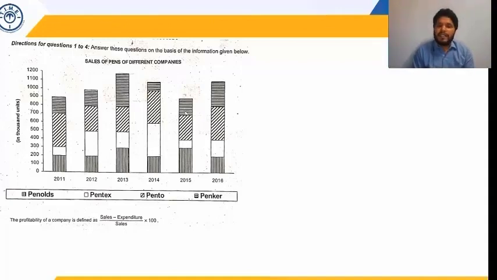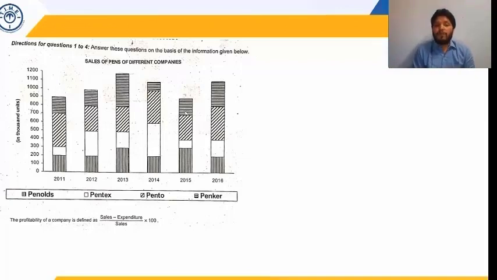Okay. So by sales, what does it mean? The sales units or the sales in rupees? Obviously, he must be talking about the sales in rupees. So, for example, the sales of Penoids in 2011 is 200,000 tons. But that is the sale. The revenue generated from that sale is unknown because we do not know the price of one pen of Penoid.